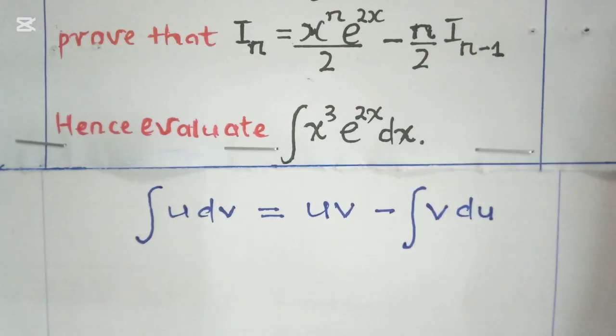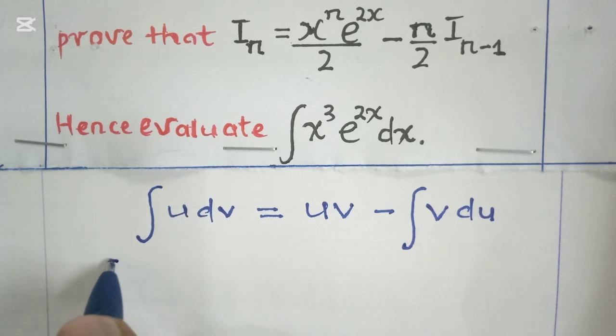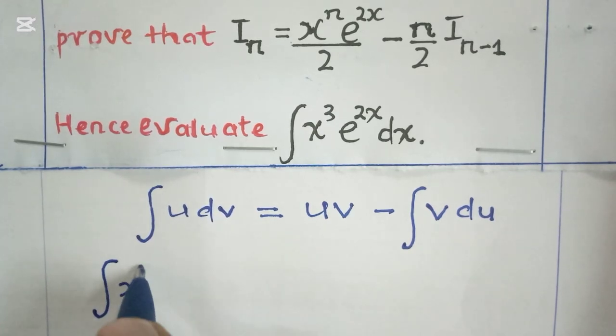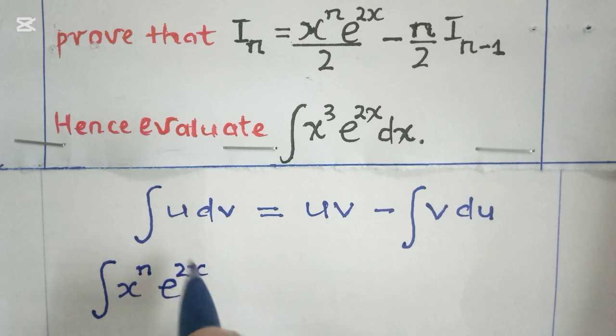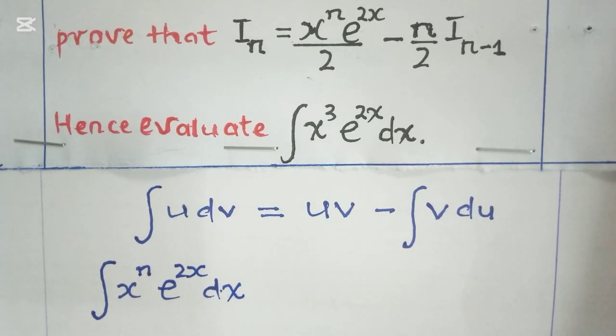And so, guys, we come and write our equation now. Our equation now is supposed to be like this: x raised to n, then we have e raised to 2x, and we have the dx, like that.